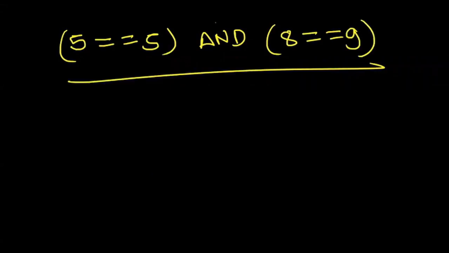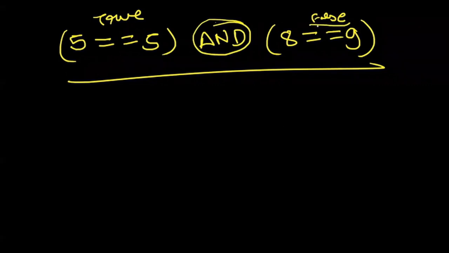The first part is true, but the second part is false, and they are grouped by logical AND. So a logical AND will only give you a true output if all the parts evaluate to true. Even if one of the expressions evaluates to false, the logical AND output will become false.